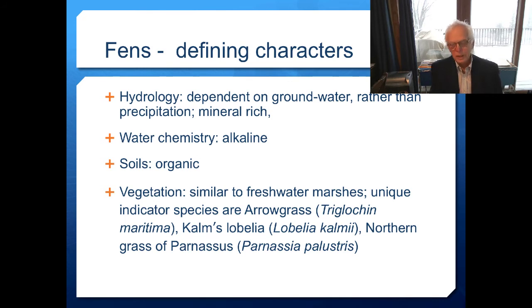Soils tend to be organic because there's really no flow through. And their vegetation is really similar to freshwater marshes. But there are some unique indicator species, and these would be things like arrowgrass, lobelia, and Parnassus palustris. These can be fairly diagnostic of a fen ecosystem.